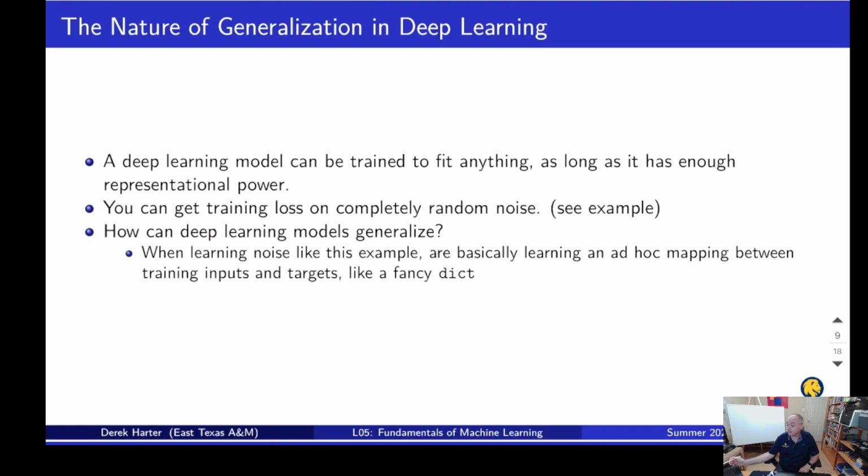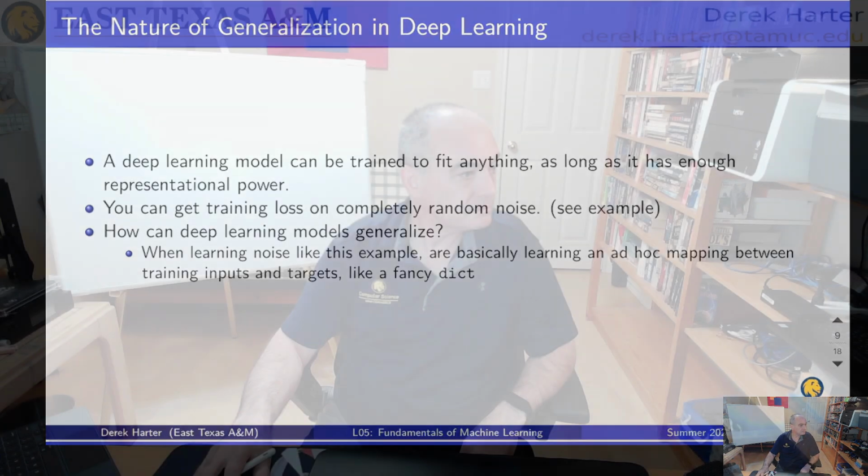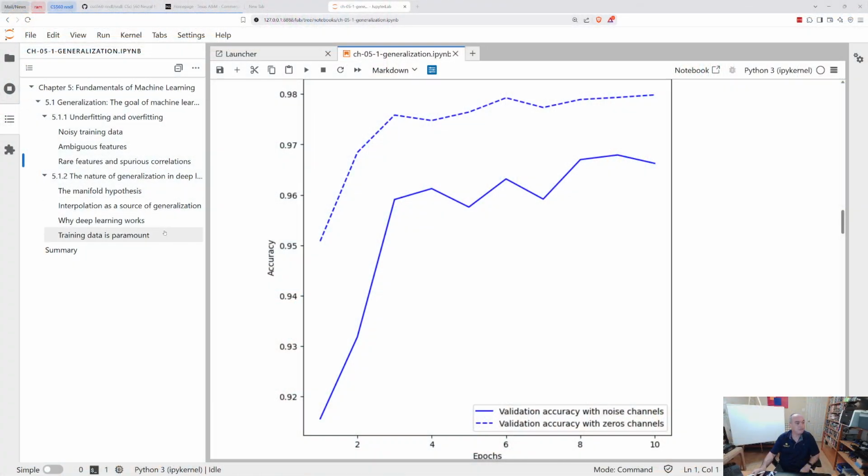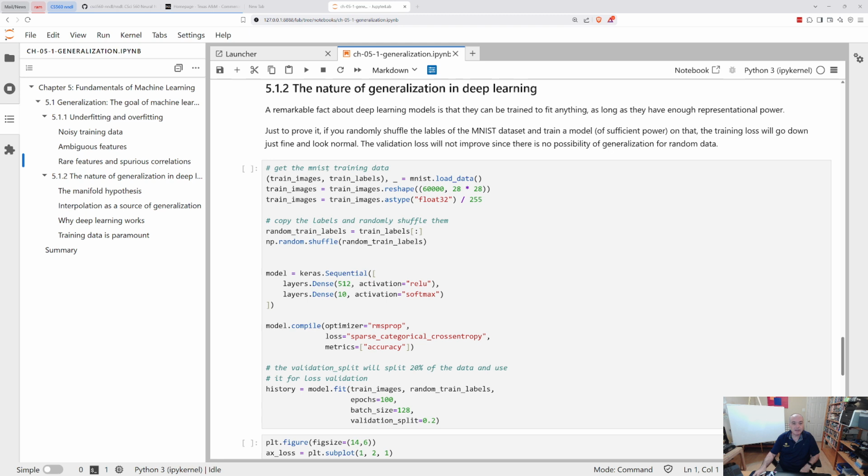Okay, so again, let's look at a quick example of that happening. Here we're going to train MNIST again, but we're not going to give it actual data. Sorry, we're still using the regular images, but we're just randomly shuffling the labels.